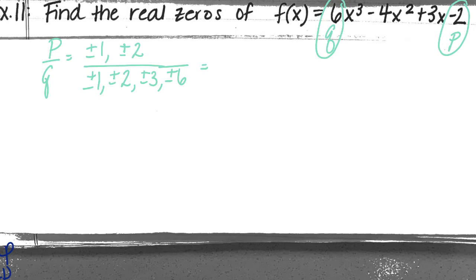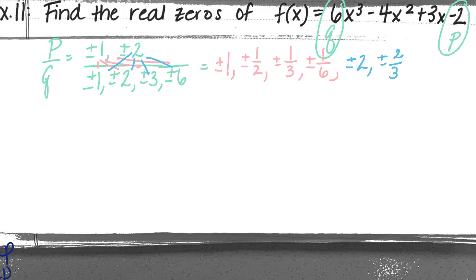So for all of the possibles, we have to take 1 over 1, 2, 3, 6. 1 over 1 is 1, 1/2, 1/3, 1/6, and then I'm going to take 2 over 1, 2. Well, 2 over 2 is 1, we already have that. 2 over 3 is 2/3, and 2 over 6 is 1/3, we already have that.